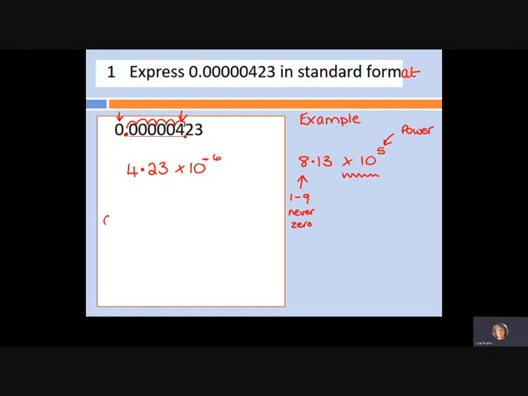Okay, so we can say that 0.000000423 has the same value as 4.23 times 10 to the minus 6. Okay. What that means, the times 10 to the minus 6 means that you're dividing by 10 6 times. If it was a positive 6, it would be timesing by 10 6 times.